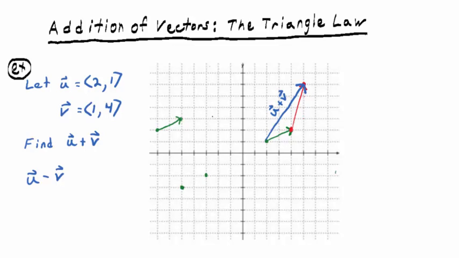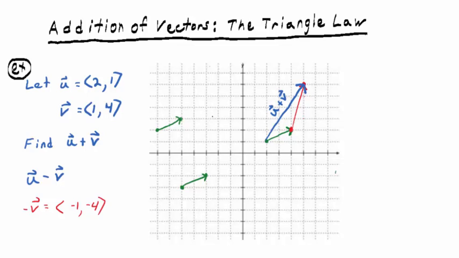So there's another copy of u, and I'll do the subtraction on this guy. Now, we know the component form of v, so what is negative v? Negative v is just what you think it is. It's a scalar of -1 times v, which would be -1, -4.